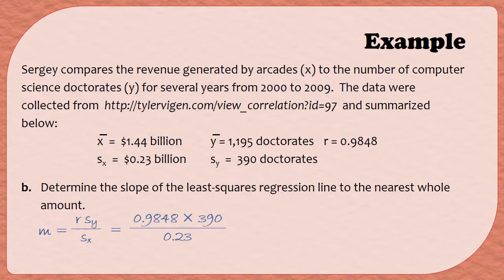So it's best if you have a label like billion or percent, when you could change it to a different value, to use that number label as a label. So I'm going to treat billions of dollars the same way that I treat doctorates.